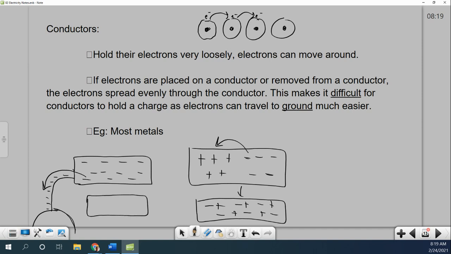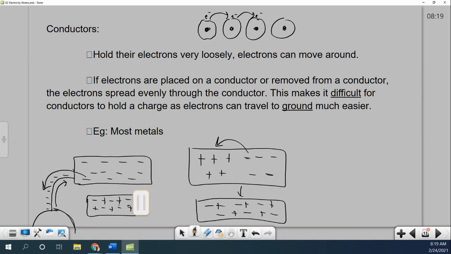Well, they're going to keep repelling until the object is back to neutral. What if it repelled more? What if extra negatives charged out? Well, then this would end up positive, and electrons would go the other way through your finger or through the wire and get sucked back up because positives and negatives attract. So it always ends up going to neutral really quickly.